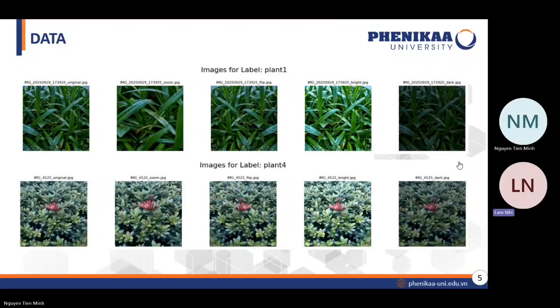In each training epoch, images were randomly transformed with operations such as flipping, rotation, brightness and contrast adjustment, zoom, and cropping. The augmentation ensures that the model doesn't overfit to specific positions or lighting in the original photo.